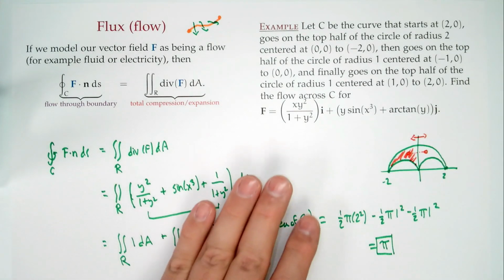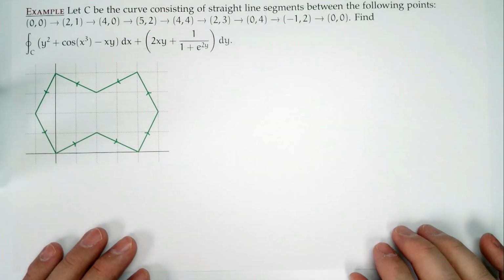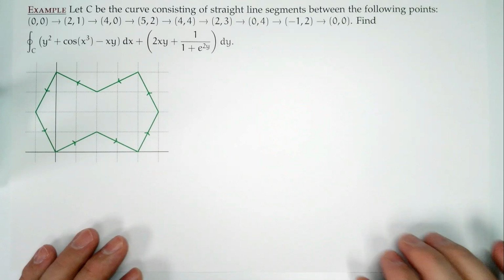One of our favorite things, trying to avoid doing integration. Well, maybe that's not our favorite thing, but we're definitely not in calculus to do a lot of work. Our goal is let's do the right amount of work.